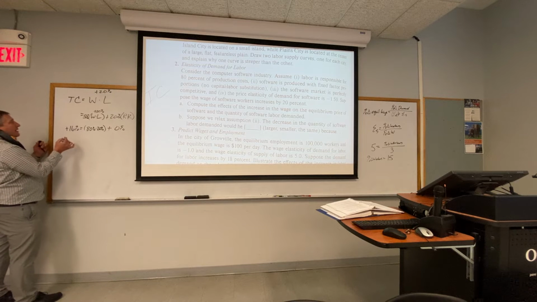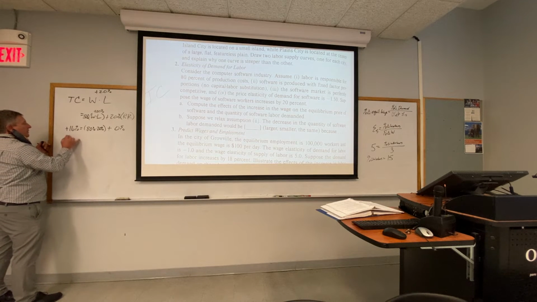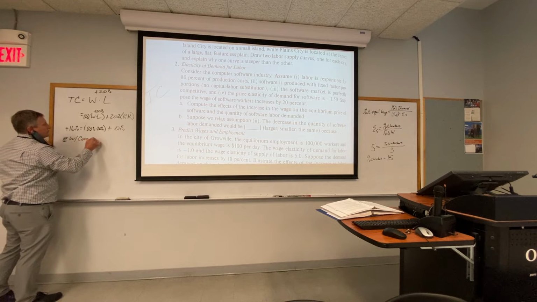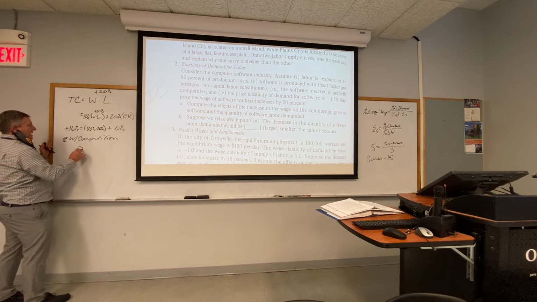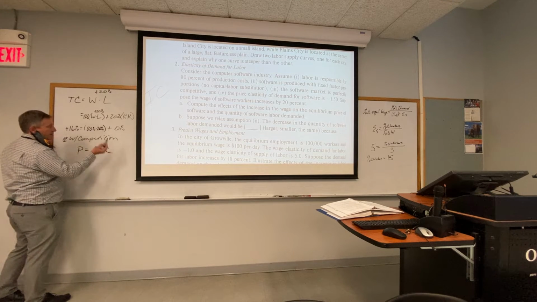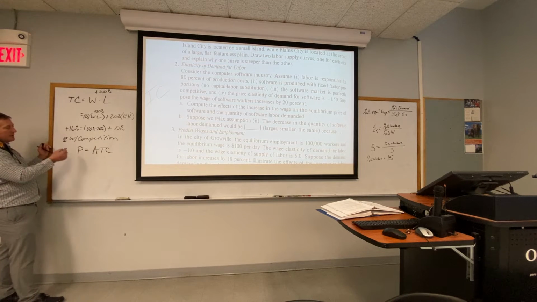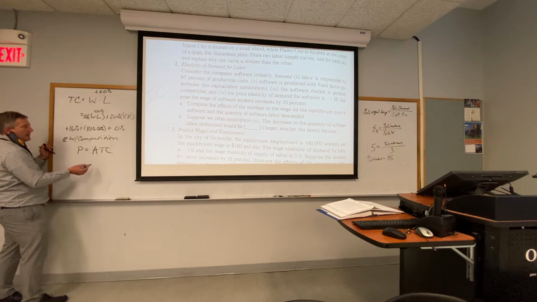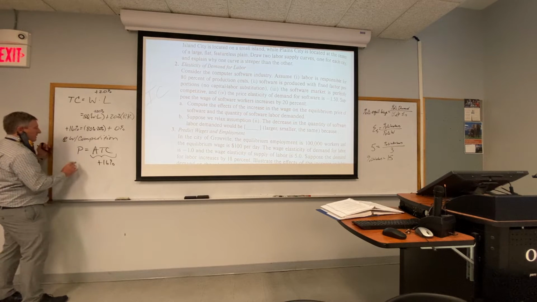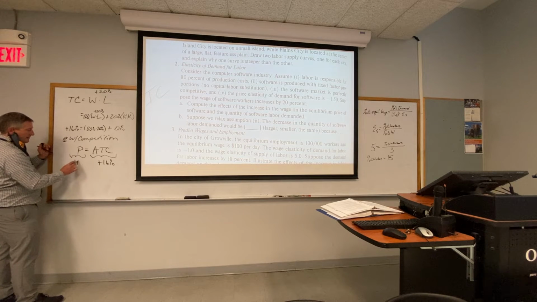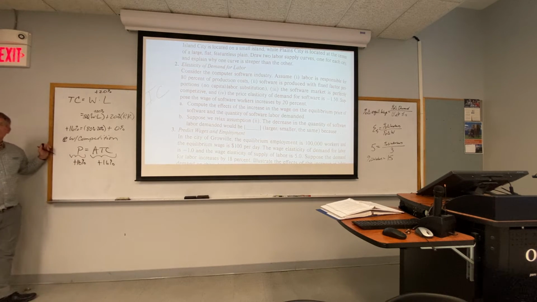So that other competitive assumption, so with competition, we have price equals average total cost. You can look at it that way. You can look at it as the total cost and divide it out. But basically, if this goes up by 16%, that means this has got to go up by 16%.